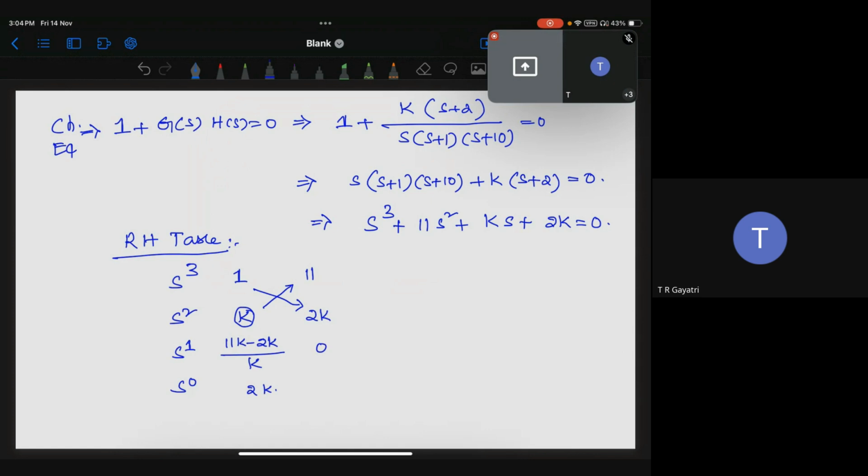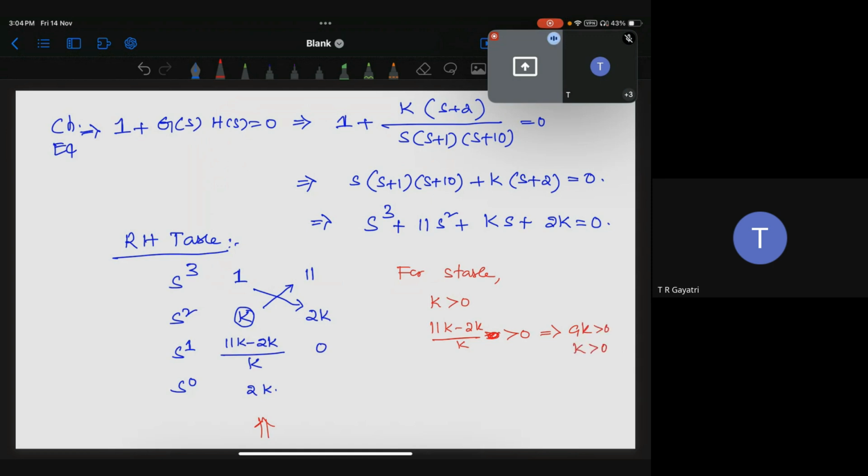For the system to be stable, all these must be greater than 0. For stability, k is greater than 0. (11k minus 2k) by k should be greater than 0, which gives you 9k greater than 0.